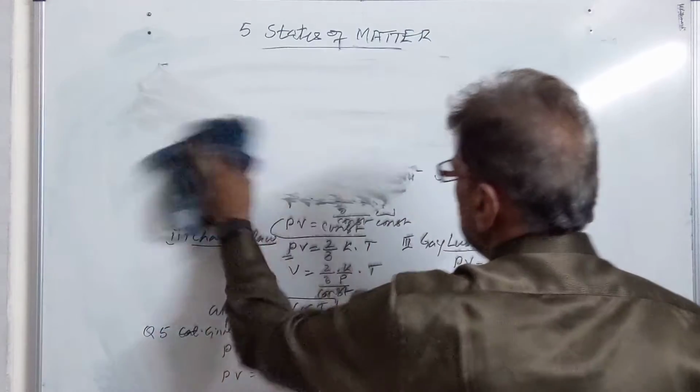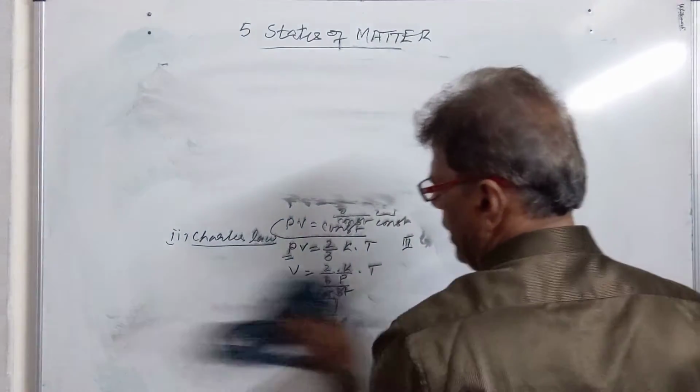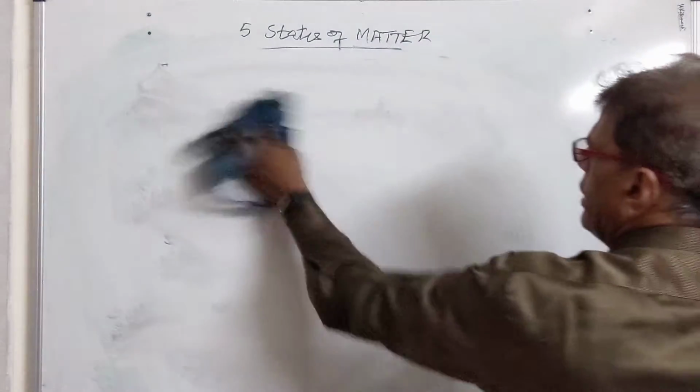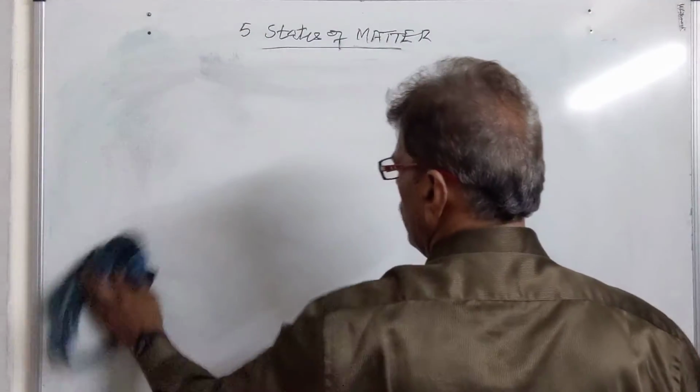And we come to the next question. What are the deviations from ideal behavior, or what were the wrong postulates in the kinetic theory of gases? Correct those postulates and modify our ideal gas equation into the final gas equation.